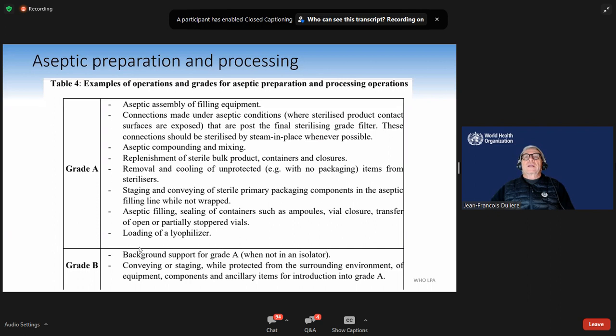Grade B is the background support for grade A. Loading of lyophilizers is as well required as a grade A operation.